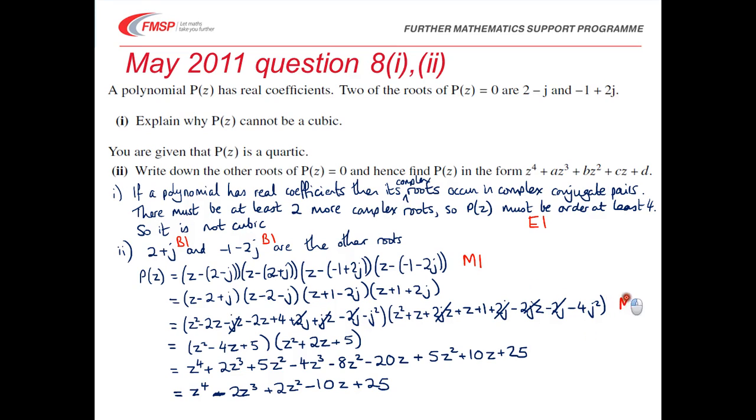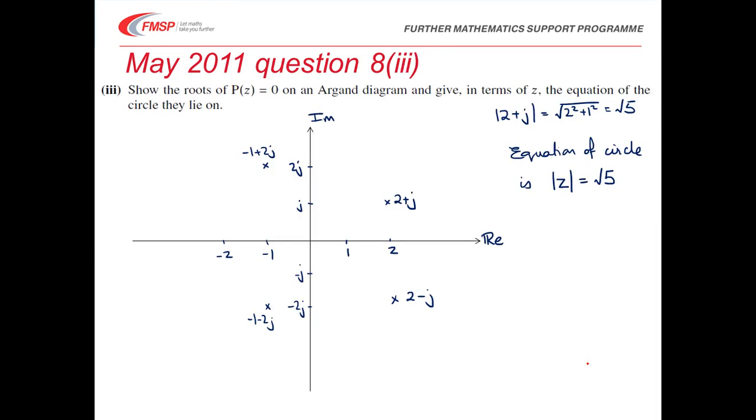There's a method mark for attempting to multiply out, and then there are 4 accuracy marks for getting the final answer, and it's minus 1 for each incorrect coefficient. And for the diagram, it's B1 for all correct with annotation on axes or labelled, and B1 for the equation.